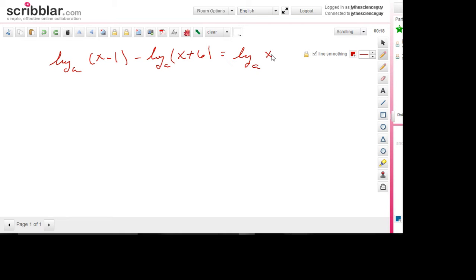Is it minus 2? Yeah. Minus 2, yes. And then what's the last one? Then minus log base a of x plus 3.